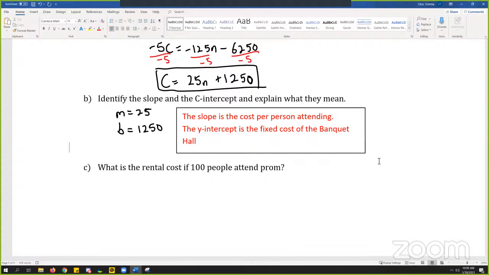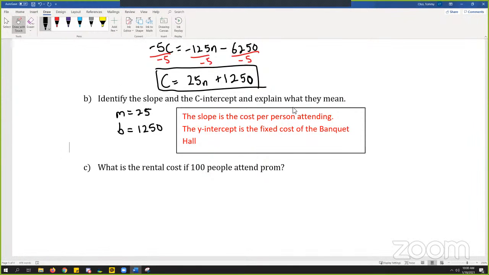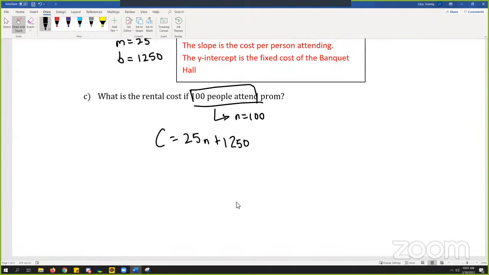C. What is the rental cost if 100 people attend prom? So once again, here you need to identify. It tells us that this is 100 people. This is n equals 100. It's not C because C represents cost. So then we can use our equation that we reorganized and we can plug it into n.